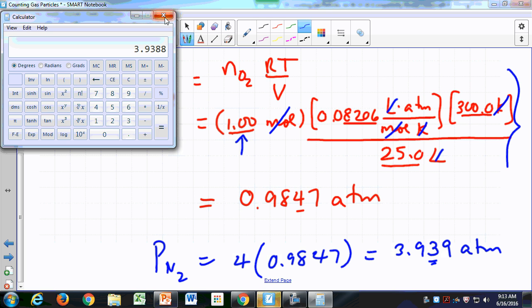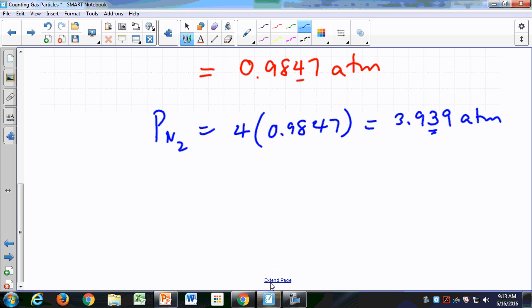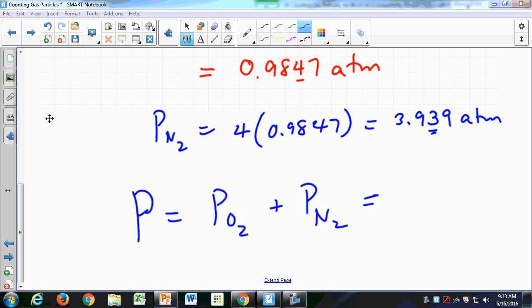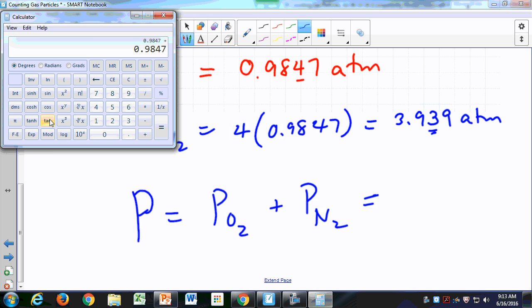So if I want to get the total pressure, I simply add the partial pressure of O2 and N2. Dalton's law of partial pressure says the total pressure is pressure of O2 plus pressure of N2, and that should just be equal to 0.9847 plus 3.939 equals 4.92 atmosphere with 3 sig figs. What's another way we could have done this?